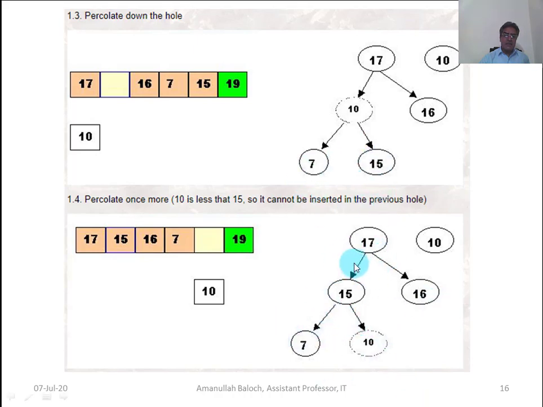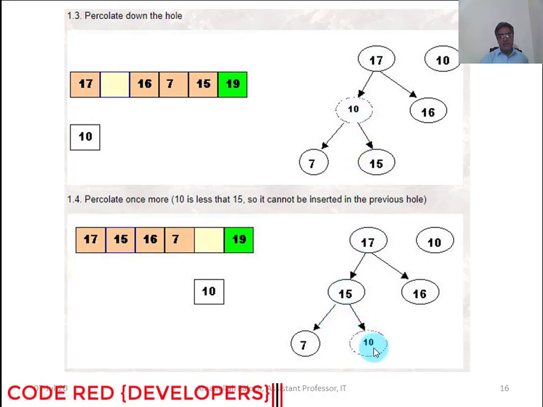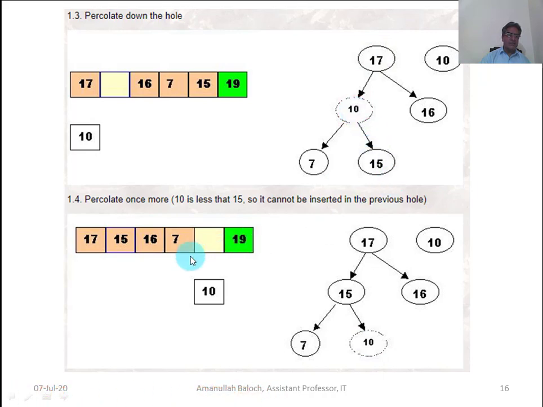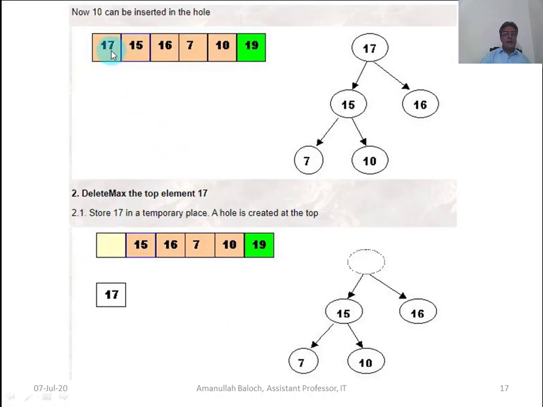The maxheap procedure fixed the violation, and 10 has moved from the root down to the leaf level. Here you may see in this 5-element heap, 17 is the root element and it is the largest element from the rest of the elements.